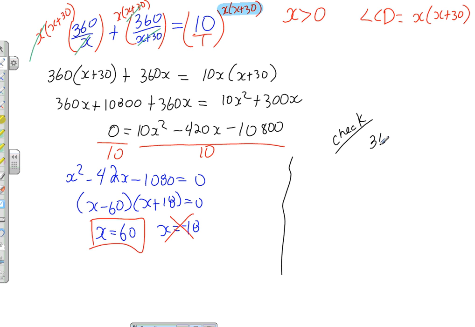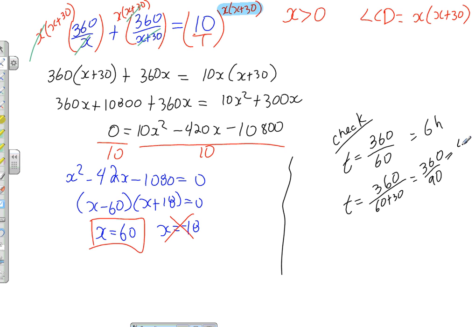On the way there is 360 divided by 60, which gives me 6 hours there. If it's got to be a total of 10, on the way back he better have taken 4 hours. Let's check. Time on the way back is 360 over 60 plus 30, 360 over 90. 4 hours, yep, that gives me a total of 10 hours. So yeah, 60 is going to work.